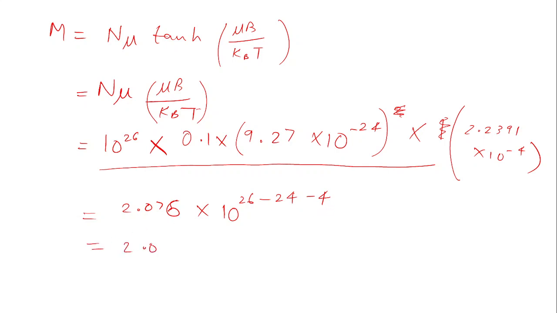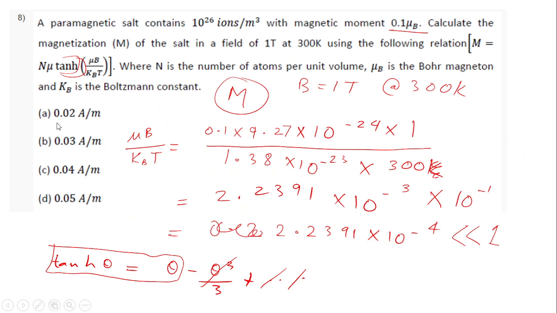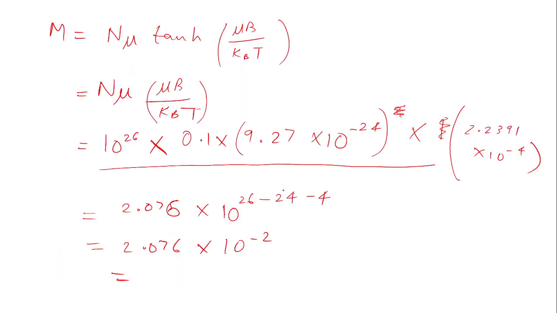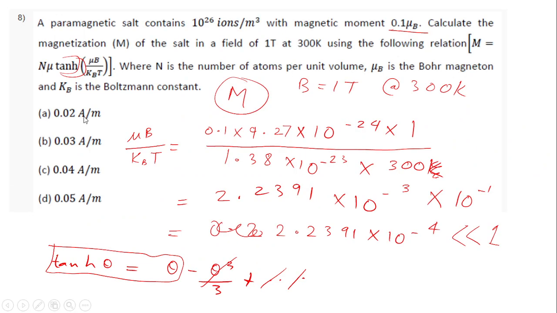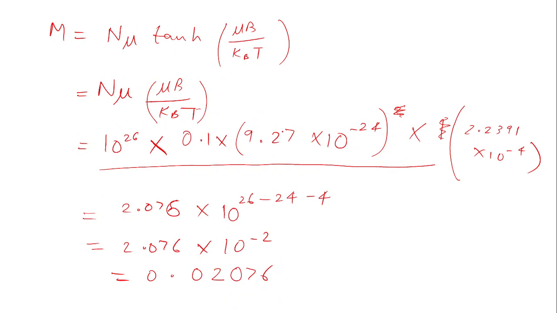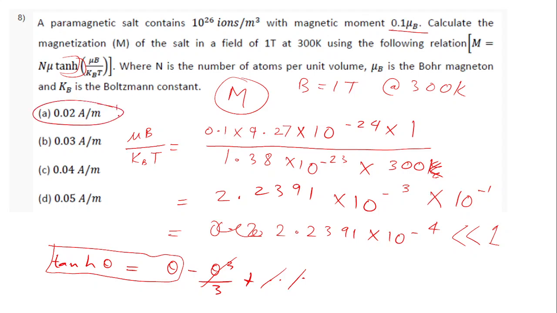So it will be 2.076 times 10 to the power minus 2. The answers are all in decimals, so this will be 0.02076, or if we are just rounding it off, all the answers are up to second decimal digit, so we will do that, and then this will be 0.02 ampere per meter, because it's magnetization. 0.02 ampere per meter will be the correct answer.